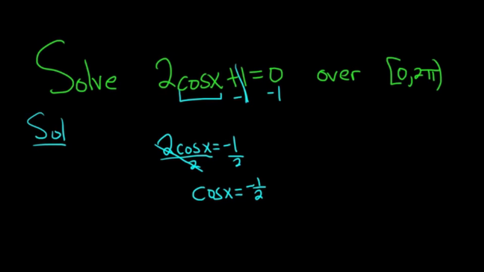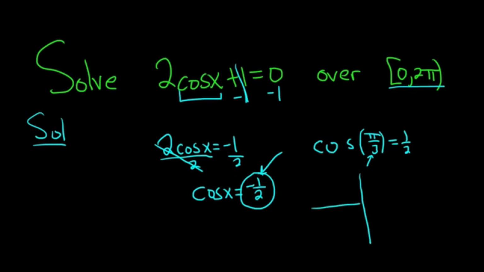And we have to find all of the values of x in the interval 0 to pi where the cosine of x is equal to negative 1/2. So when you see this, you want to think, okay, the cosine of pi over 3 is equal to 1/2. So you have to think about what other angles have a reference angle of pi over 3 that will give you negative 1/2.